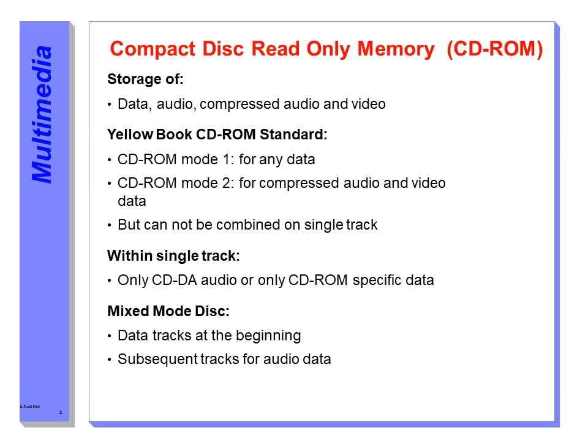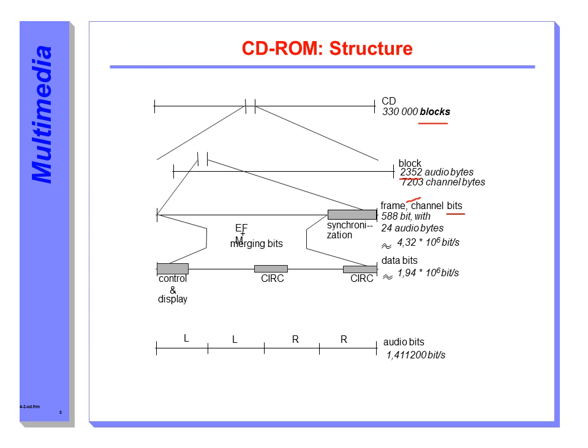A CD-ROM can contain both types of tracks. In such a mixed mode disk, the data tracks are usually located at the beginning of the CD-ROM, followed by the audio tracks. Now you can see the way the CD-ROM was structured, was arranged.